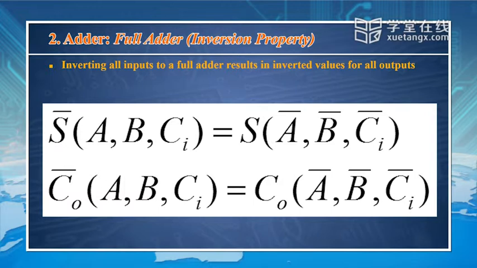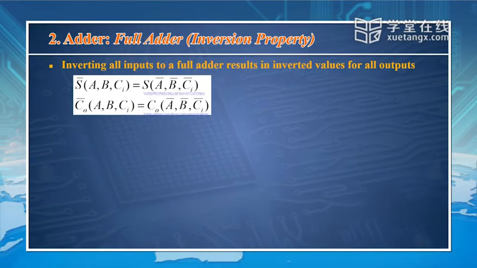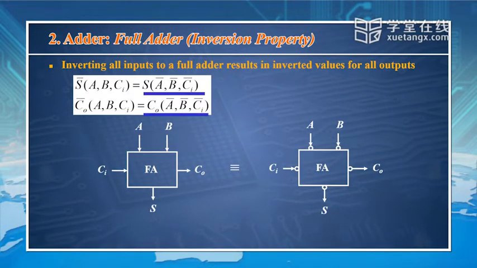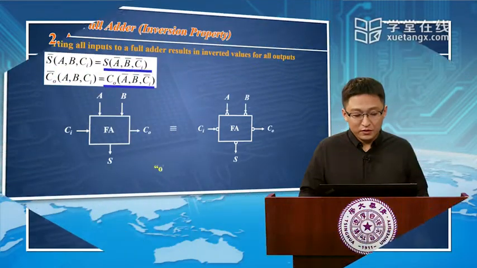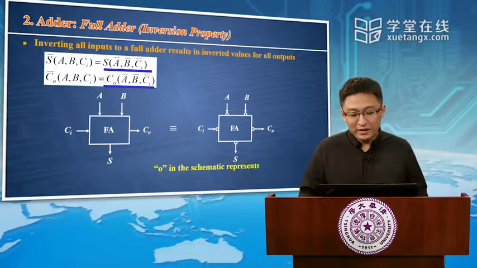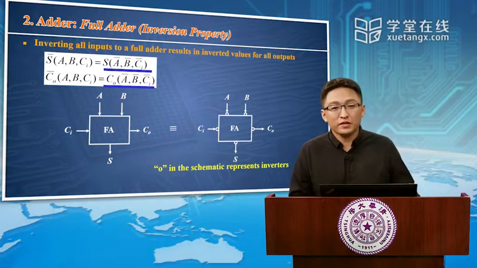The same is true here: if we invert A bar, B bar, and Ci bar, we can derive the C output bar. So if this is A, B, and Ci, and this is S and C output, and if we invert A, B, and Ci at the same time, then finally we achieve C out bar and S bar. So the circle in the schematic represents the inverters. So it's the inversion property.